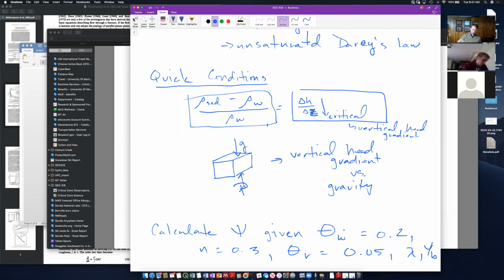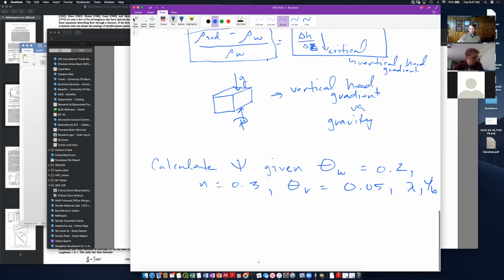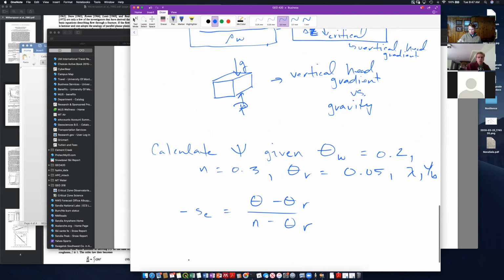All right, so we've got a couple of things. For Brooks-Corey, S sub E is equal to theta minus theta sub r over n minus theta sub r, and S sub E is equal to psi sub b over psi to the lambda.